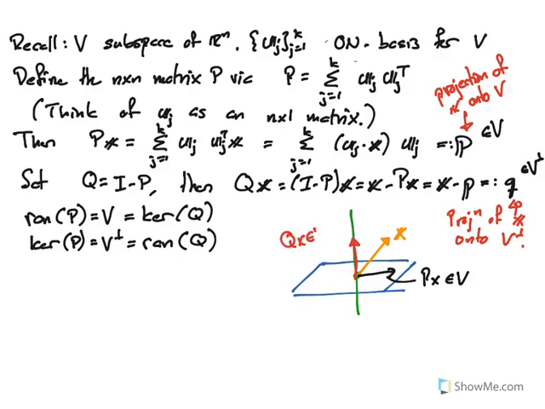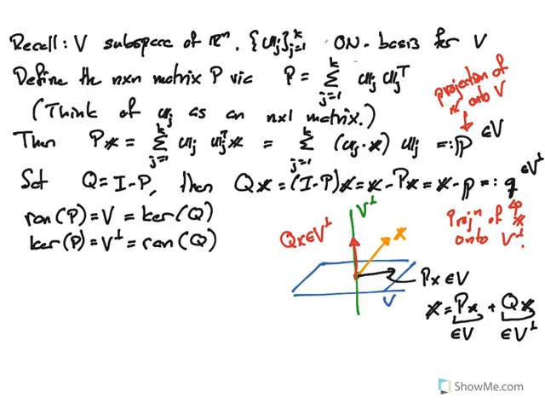Qx belongs to V perp. So the green is V perp, the blue is V. The point is that I can write any x as Px plus Qx, where this guy belongs to V and this guy belongs to V perp.